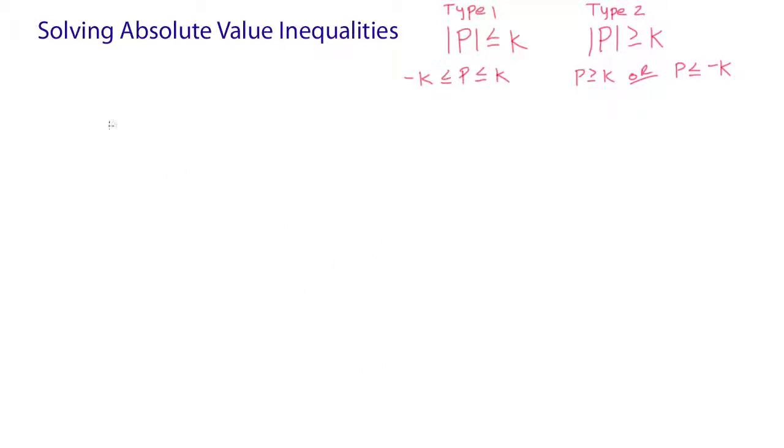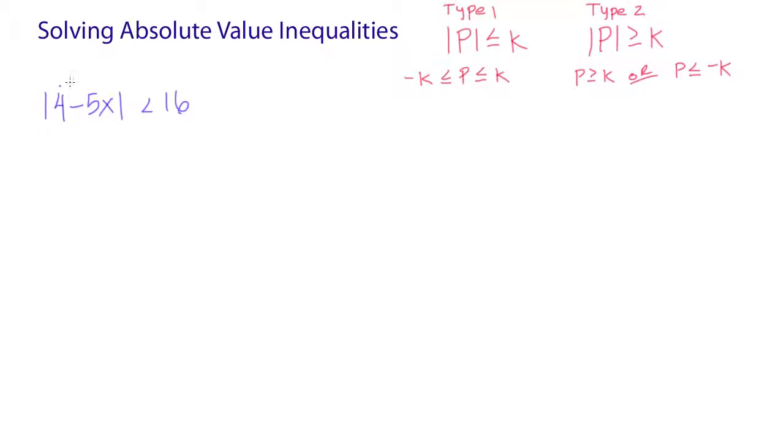Now let's do a type 1 problem again, a little bit different. Let's say the absolute value of 4 take away 5x, and then close the absolute value, less than 16. So this is a type 1 because it's pointing to the left. Type 1 has less than or less than or equal to type absolute value inequalities.